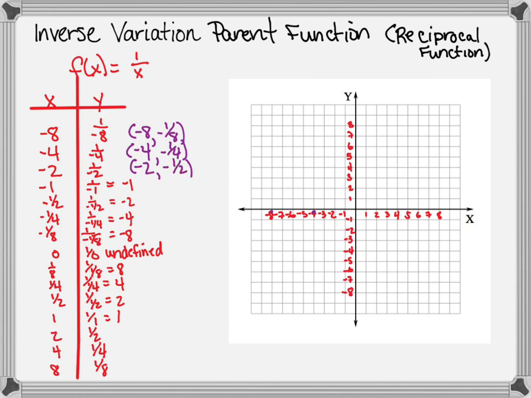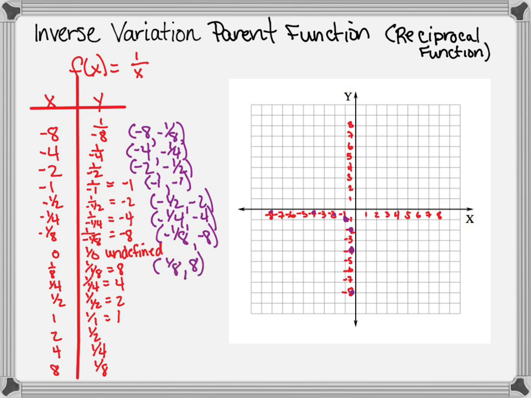Now we've got the point -2, -1/2, and the point -1, -1, and the point -1/2, -2, and the point -1/4, -4. Now we're getting close to the y-axis, but we're still to the left of it. And -1/8, -8. And then we don't have a point at x is 0.